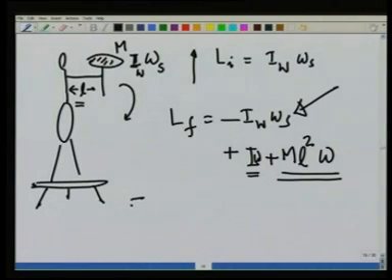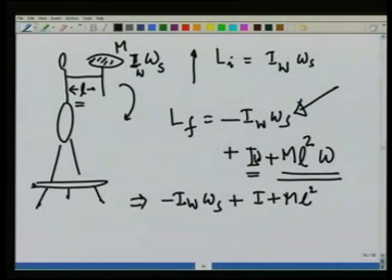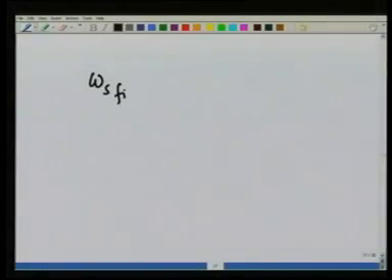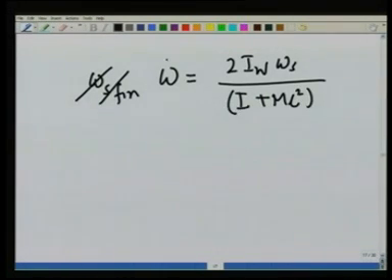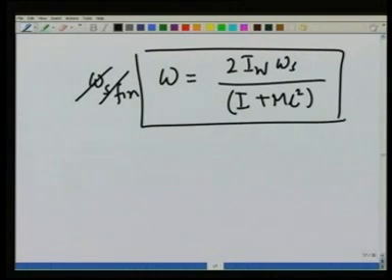Therefore, that gives me minus I wheel omega s plus (I plus m L square) omega equals I wheel omega s. So the omega with which I move is equal to 2 I wheel omega s over my own moment of inertia plus m L square, from the conservation of angular momentum.